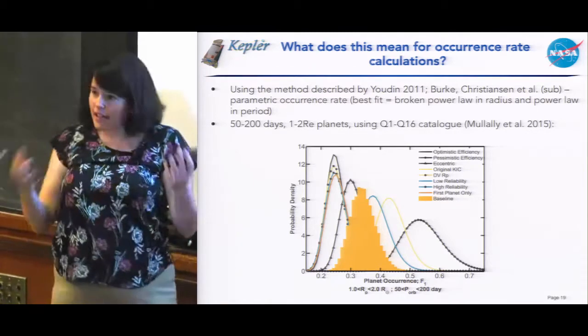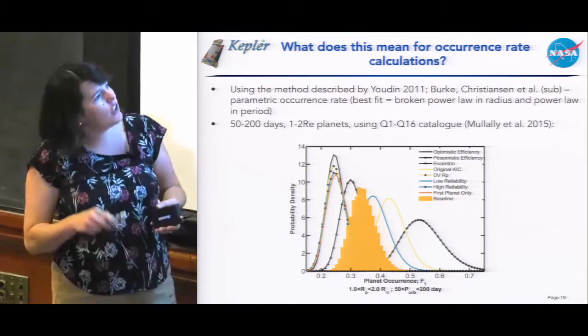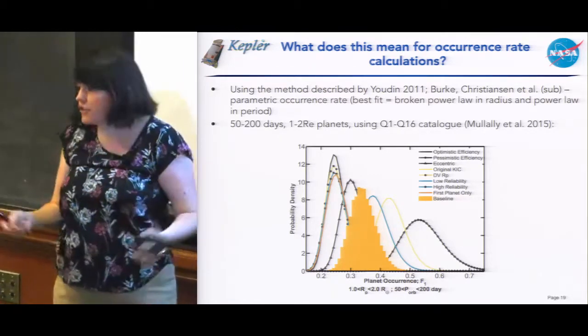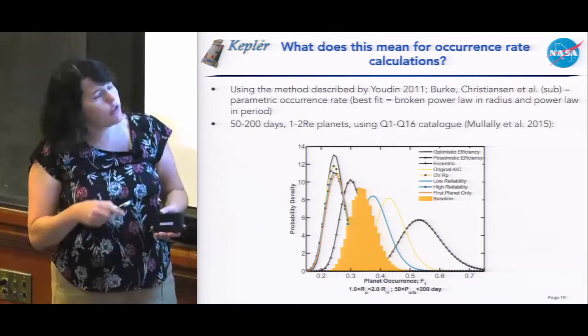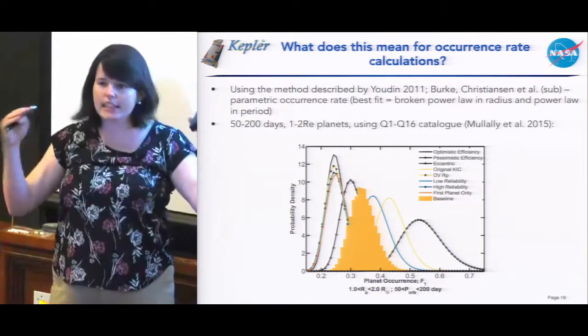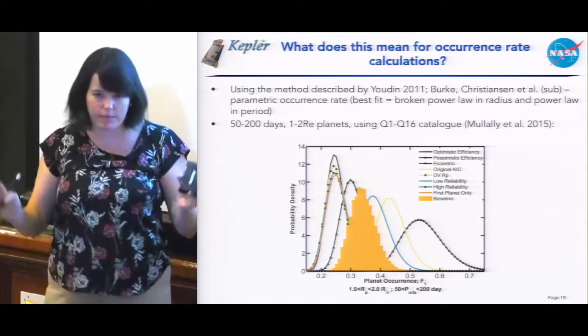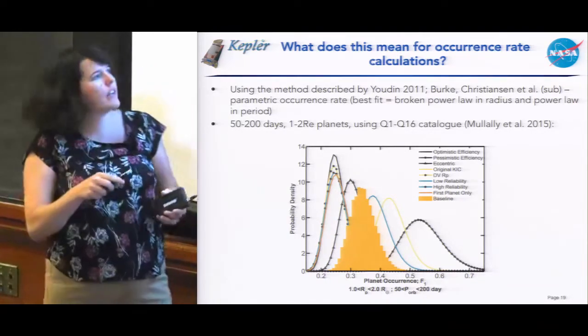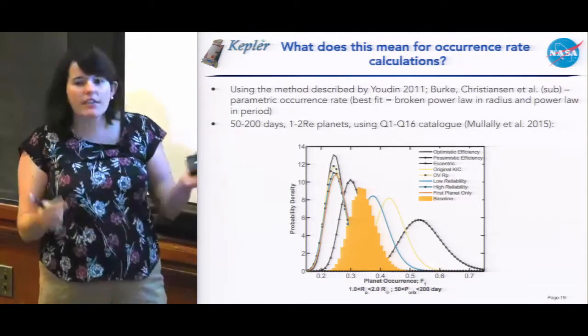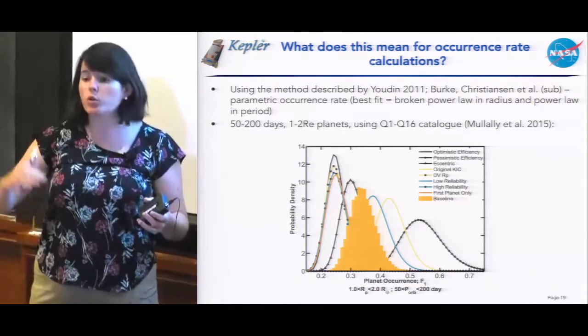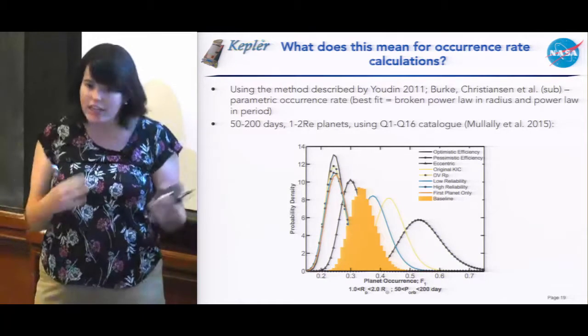If you increase that number of planets, you get a higher occurrence rate. Whereas if you raise the bar and say, I really need to only look at things that are definitely planets, I'm going to eliminate all of these scrappy things, you get a lower occurrence rate, which is here. So even just choosing your bar for what you call a planet candidate out of this catalog changes your answer.